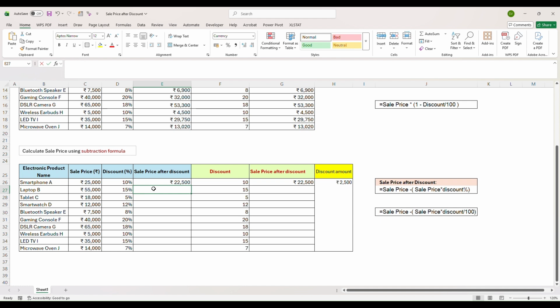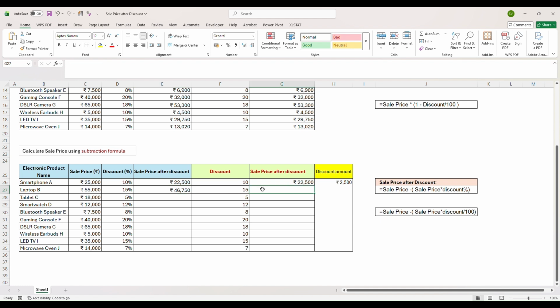So for laptop it is the C27 reference cell, minus again the sale price multiplied by discount percent, and close the parenthesis.